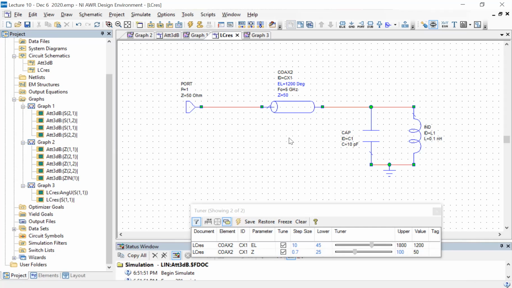And particularly, this is a problem for cryogenic measurements because your instrument, which is represented by the port here, is at room temperature, and your device, which is say your cavity that you're trying to measure, is inside the fridge with a meter of cable in between them.